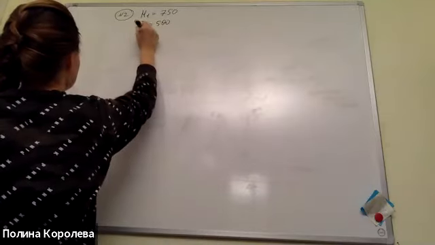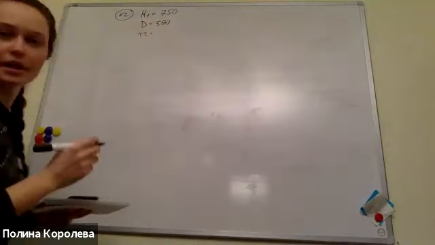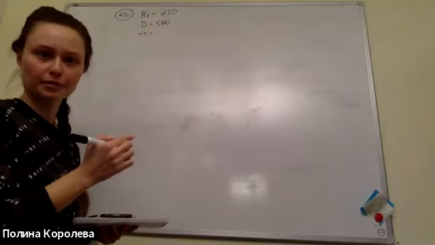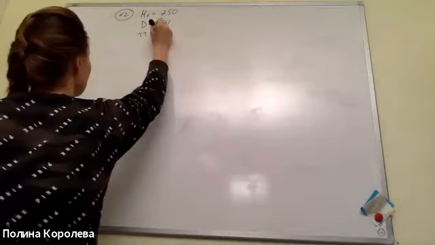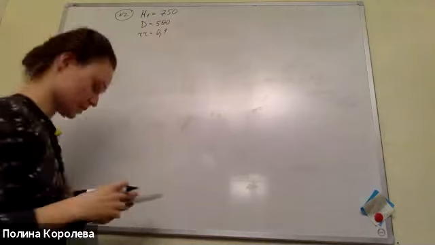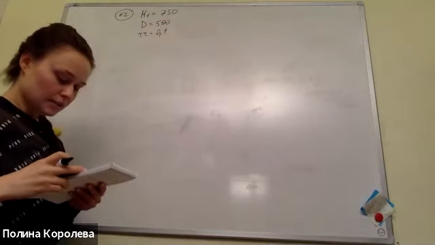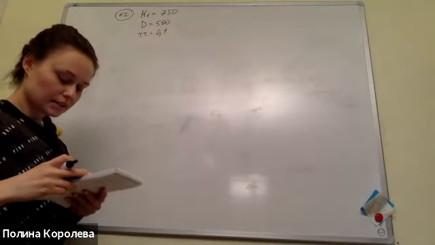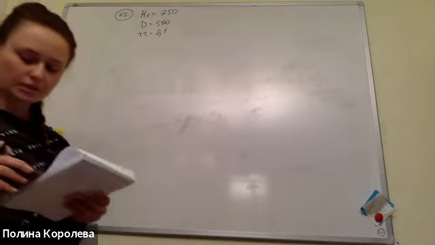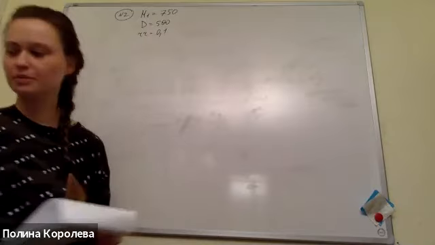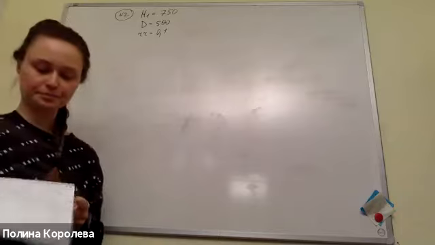Required reserves ratio, RR, 10%, so we write down 0.1. If the central bank purchases 30 million worth of treasury bills, what does that mean?